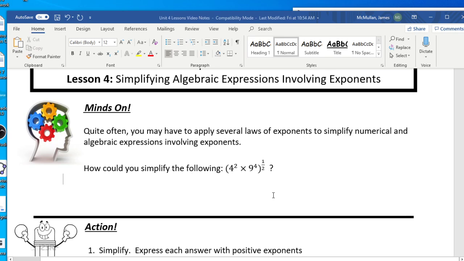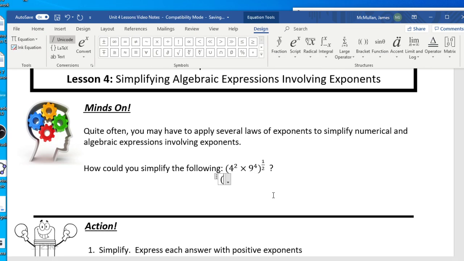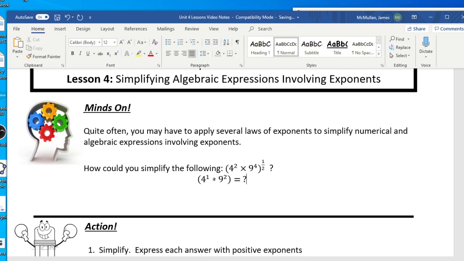Let's see if I have a theory. What if it's all multiplication, right? So what if I bring the 1/2 inside the bracket? Because we know that I cannot do that when they're adding, but these aren't adding, these are multiplying.